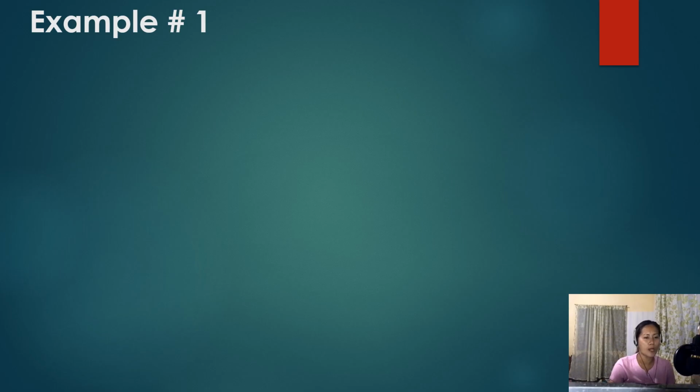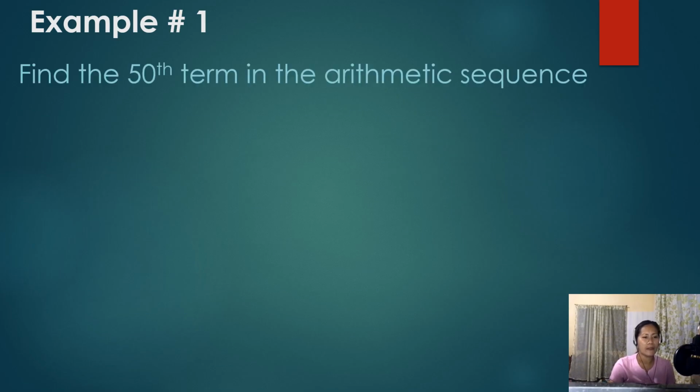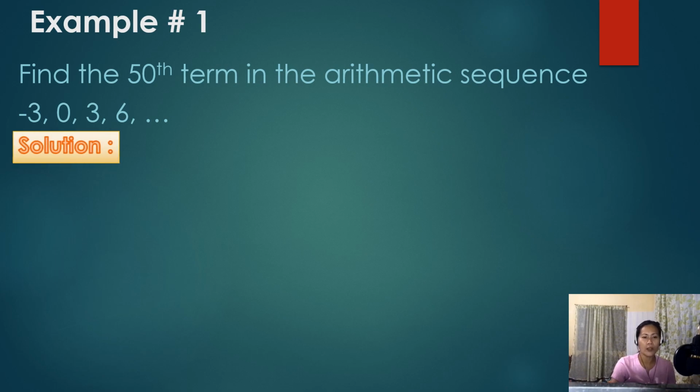Example number 1. Find the 50th term in the arithmetic sequence -3, 0, 3, 6, and so on. The solution: first, we have to find the common difference. In finding the common difference, we subtract the chosen term from its preceding or previous term.